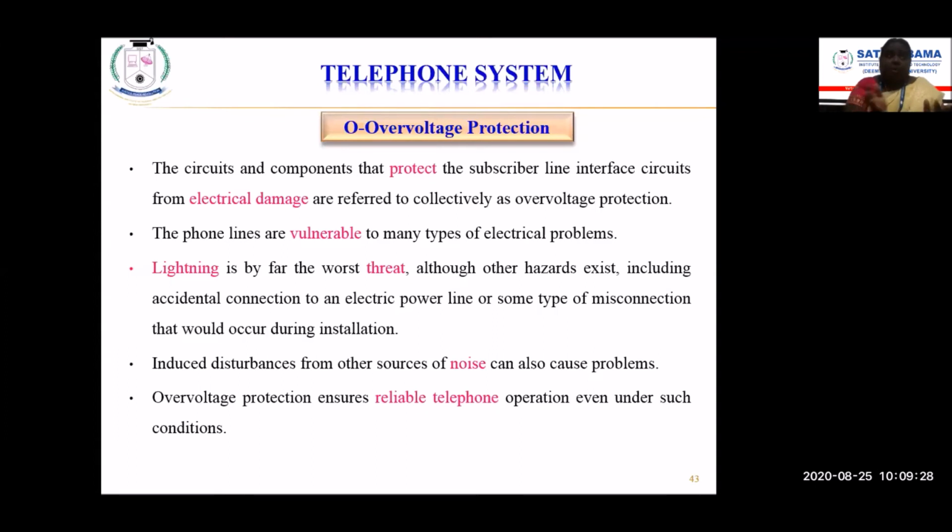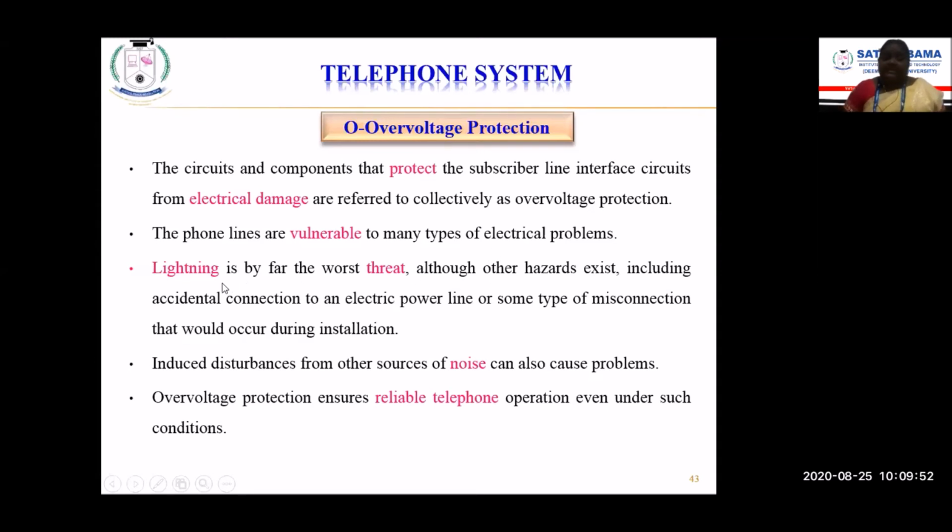There is always a threshold level of voltage, and if anything goes beyond it, it will be nullified by these over voltage protection circuits. Phone lines are also always vulnerable to many types of electrical problems, which are rectified by these circuits.